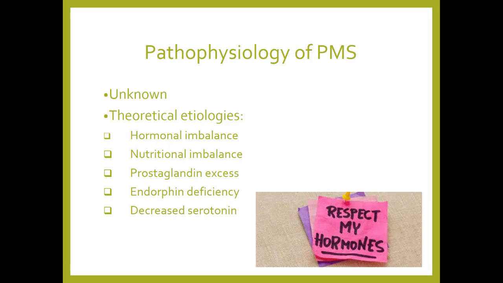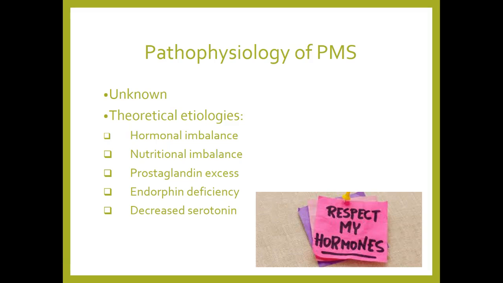There's a nutritional imbalance theory that says stress, sugar, and caffeine all can contribute. People crave salt, so they eat lots of salt, then they get more sodium retention. They end up with edema and bloating. There is a prostaglandin excess theory, and this one takes into consideration some type of modified forms of unsaturated fatty acids that are synthesized in the cells and act as chemical messengers.